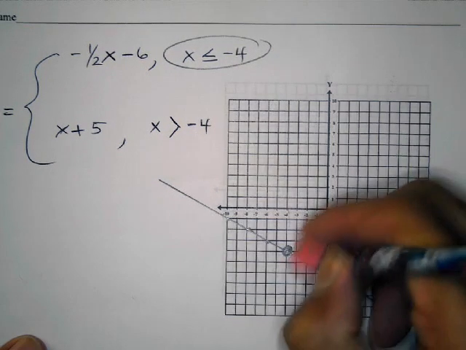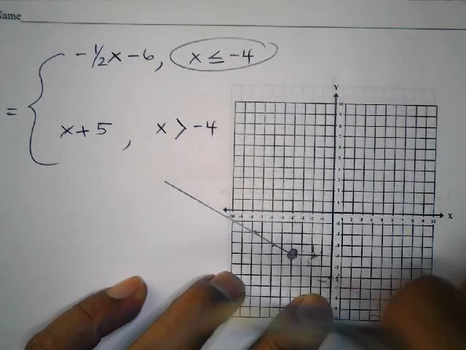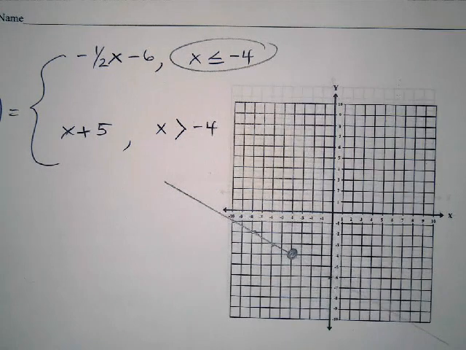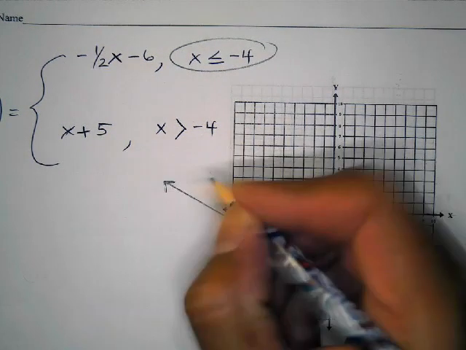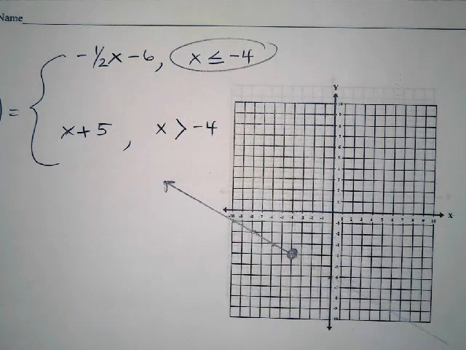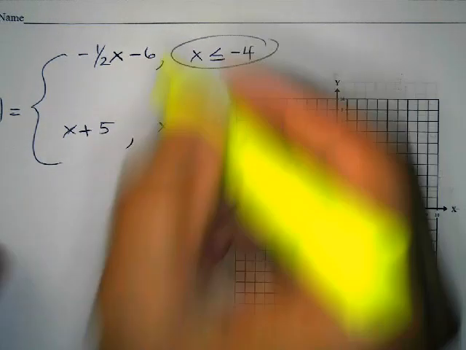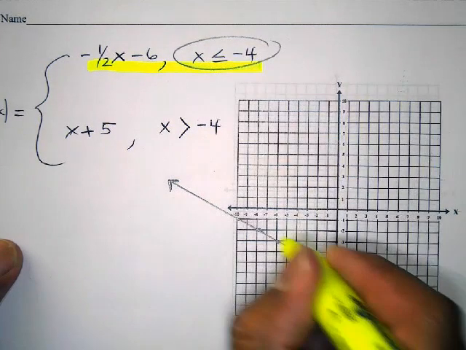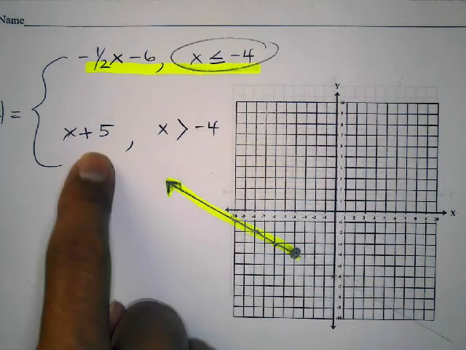Which means this is the part of the graph that gets erased. Okay? So we're going to keep this part, and that is going to go continuous that way. So we put an arrowhead on that side right there. That's this first one. That's for that one.